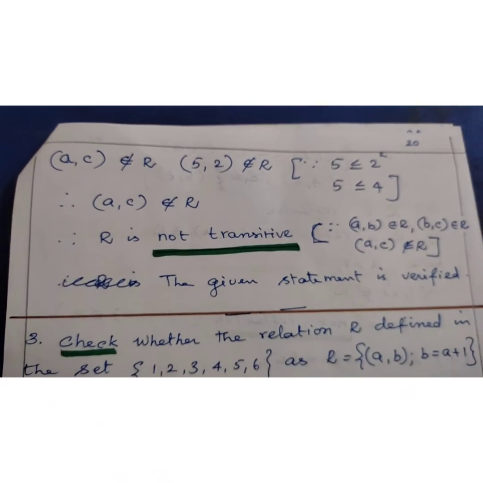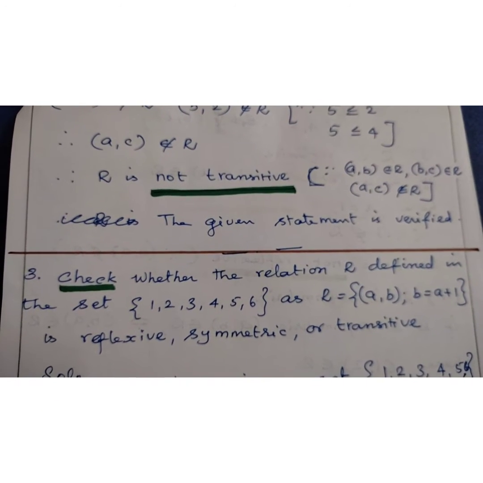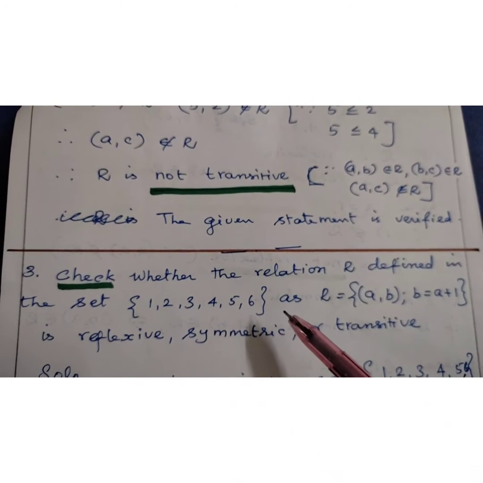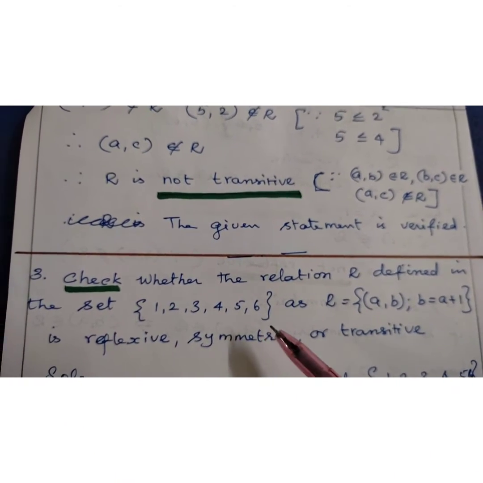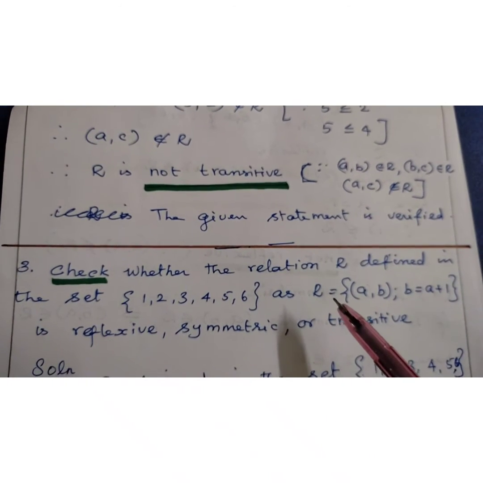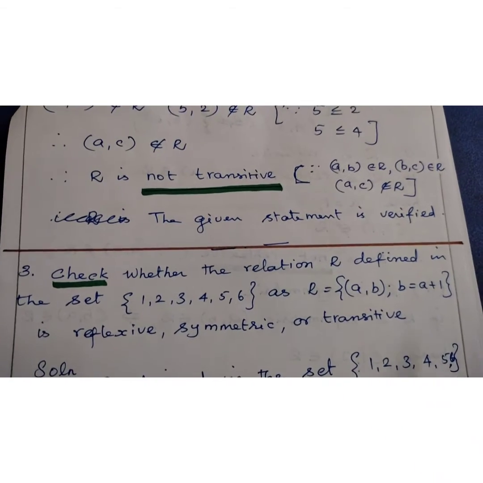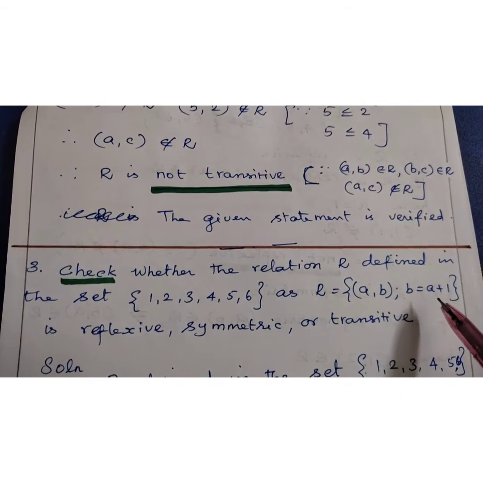Now, the third sum: check whether the relation defined in the set {1, 2, 3, 4, 5, 6}, as this is the given set, is reflexive, symmetric, or transitive. The relation R is equal to the set of all (A, B) such that B equals A plus 1.